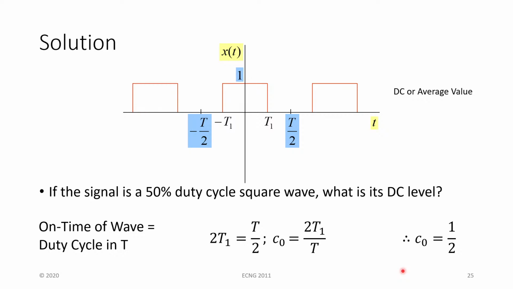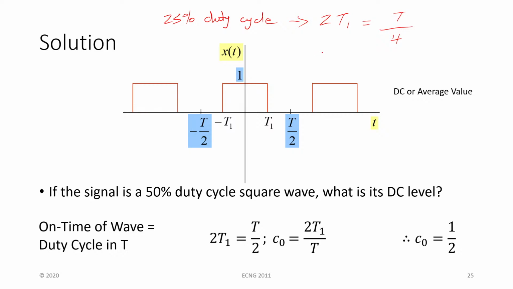Let's say, for instance, that instead of a 50% duty cycle, we had to solve for 25%. If it's a 25% duty cycle, then 2t1, the on time of our wave, is equal to T on 4 instead.